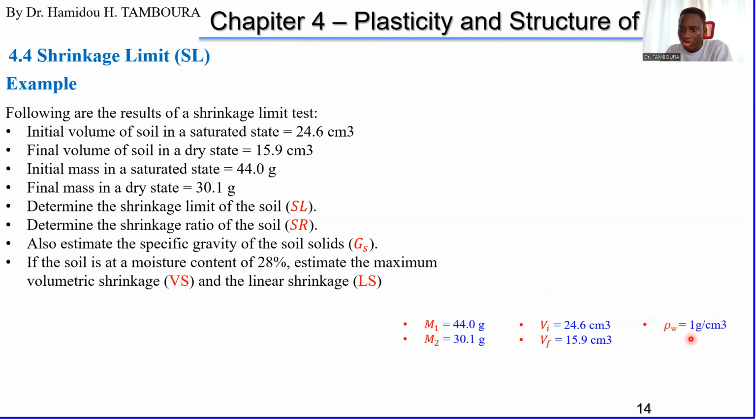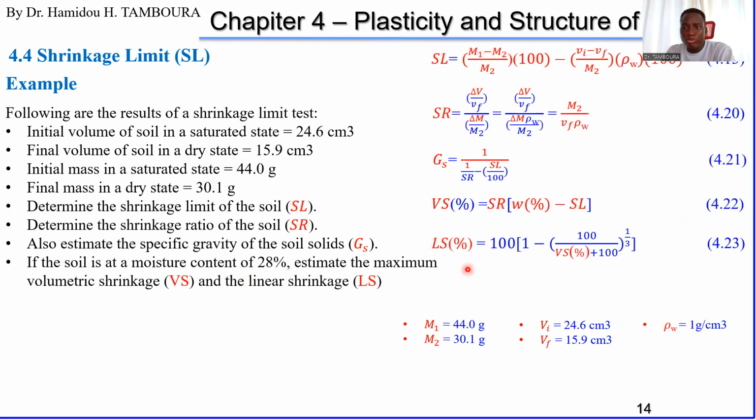And the density of water, everyone should know this, is 1 gram per cubic centimeter. From this, we can obtain everything we want. I will put all the formulas you need here. These are the formulas we talked about in this video. By using them, you can answer all these questions.